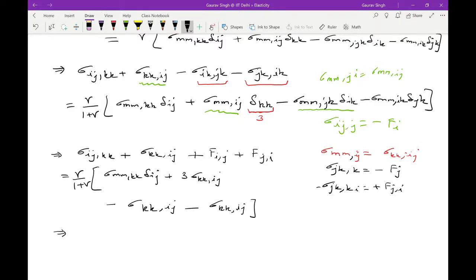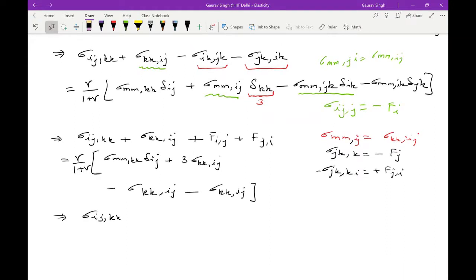Okay, so seems we are having a lot of reductions to do. Sigma ij comma kk, this can be removed, I guess.